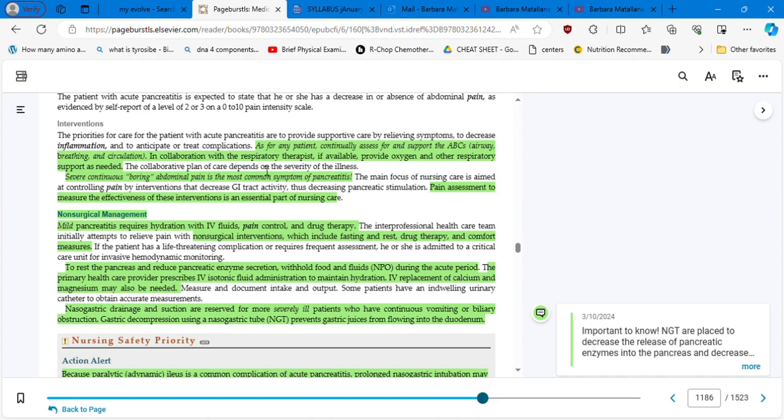In collaboration with the respiratory therapist, if available, provide oxygen and other respiratory support as needed. Severe continuous boring abdominal pain, we are going to see in this patient presentation. We have to assess pain very often.